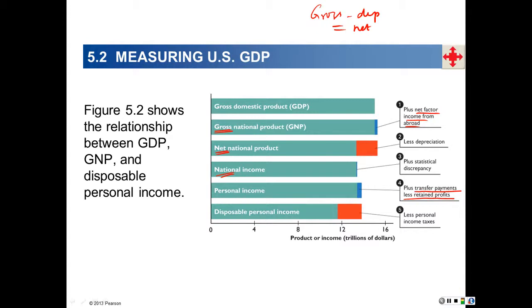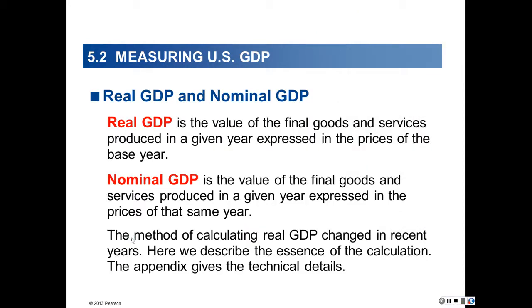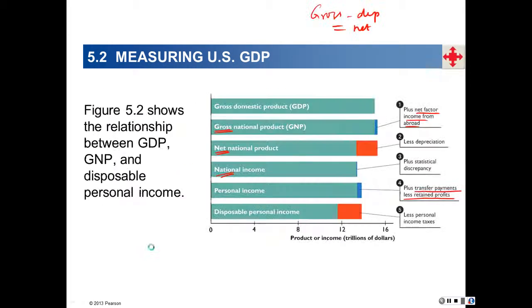Right, so what are transfer payments? Transfer payments are basically defined as incomes received by households for which the households supply no factors of production in return. So in other words, this is money received for free, right? So what again are transfer payments?